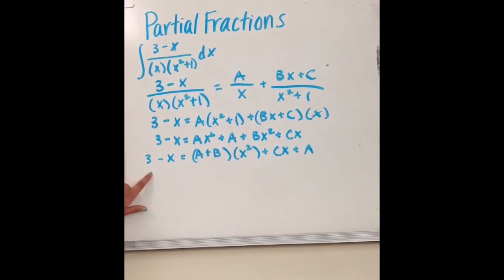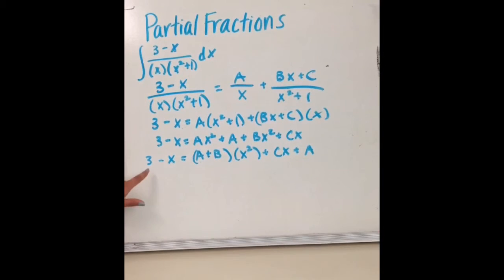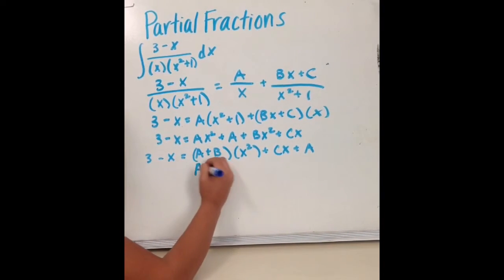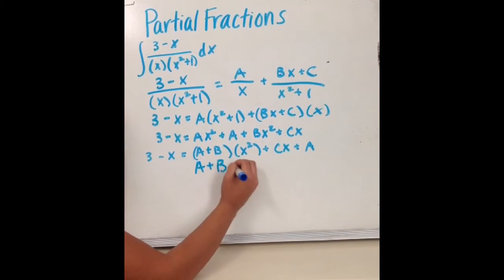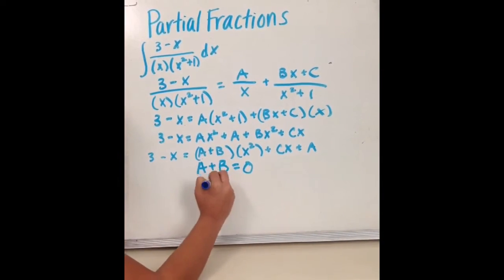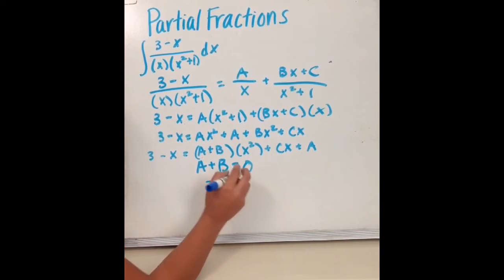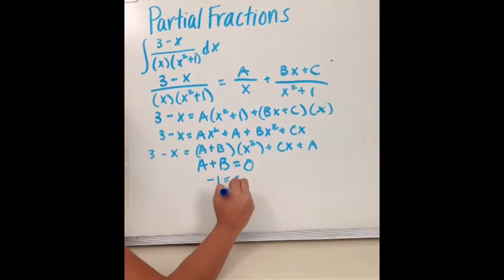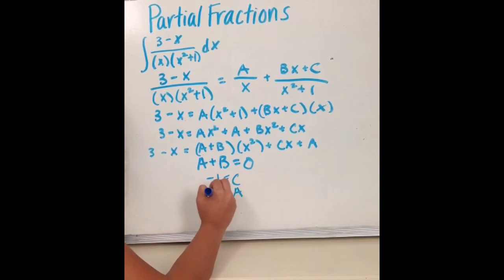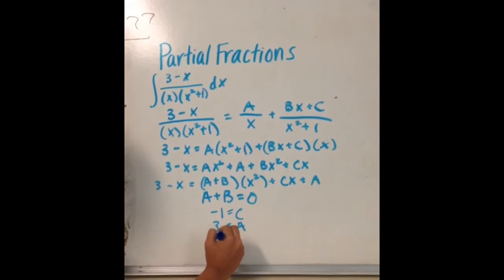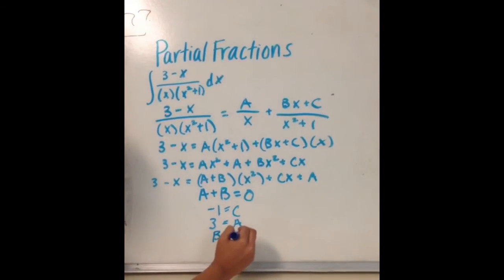Here we have 0 as the coefficient for x squared, so A plus B is equal to 0. Then the coefficient of x is negative 1 here, so negative 1 is equal to C, and the constant A is equal to 3. And if we put 3 into here, we know that B is equal to negative 3.